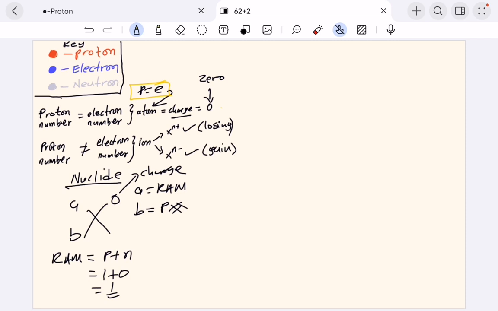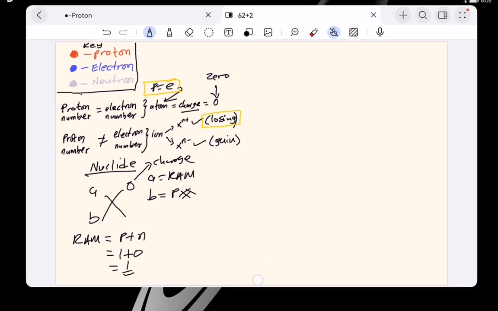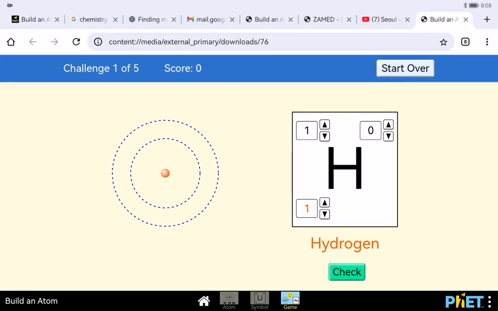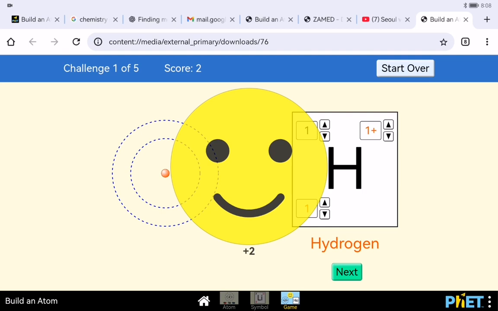There is no blue. So if there is no blue, it means that there was a loss of an electron, and a loss is represented by a positive charge. So in this case, we say there was a loss of 1 electron, and the answer is correct.